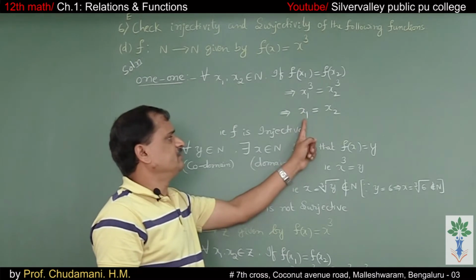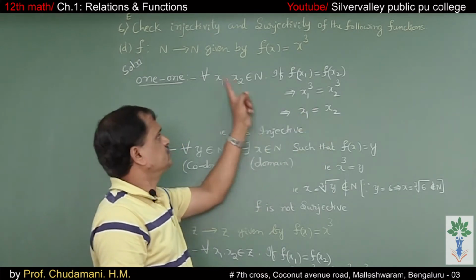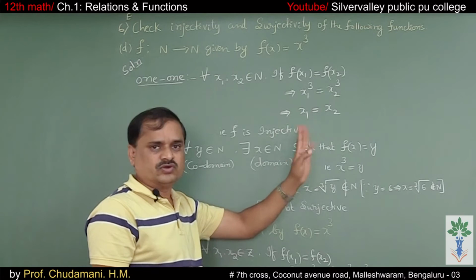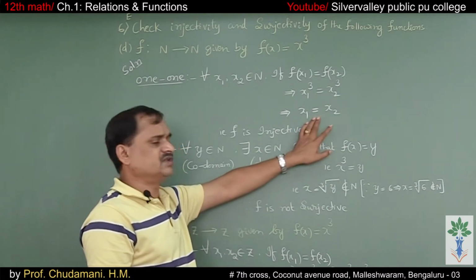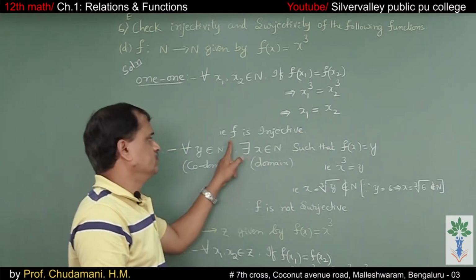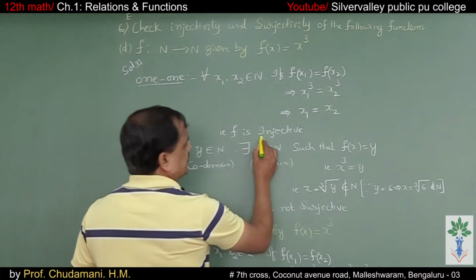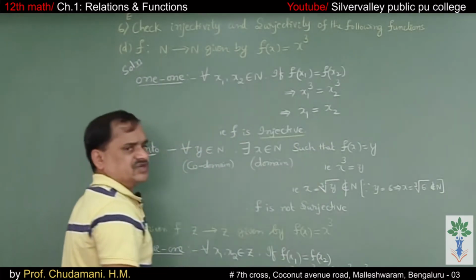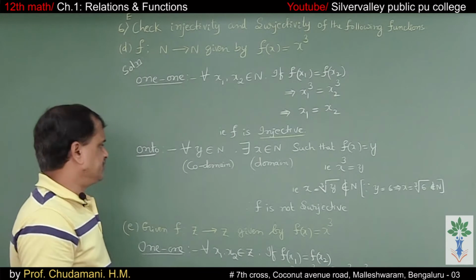This implies x1 is equal to x2. Since it is a natural number, you won't get even negatives. Clearly x1 is equal to x2. Therefore f is injective. So that means one-one function.